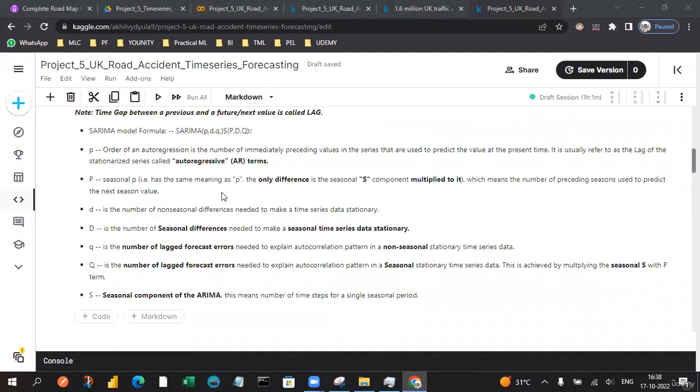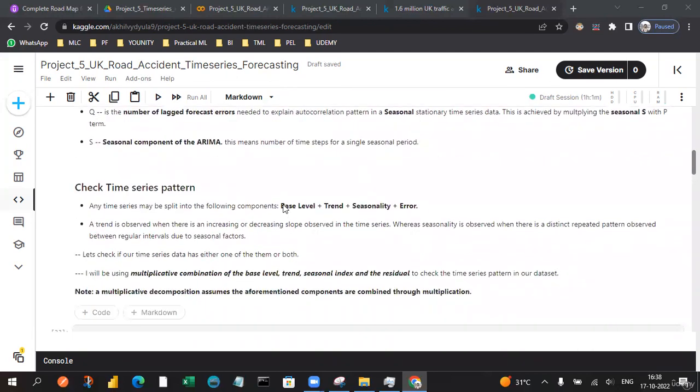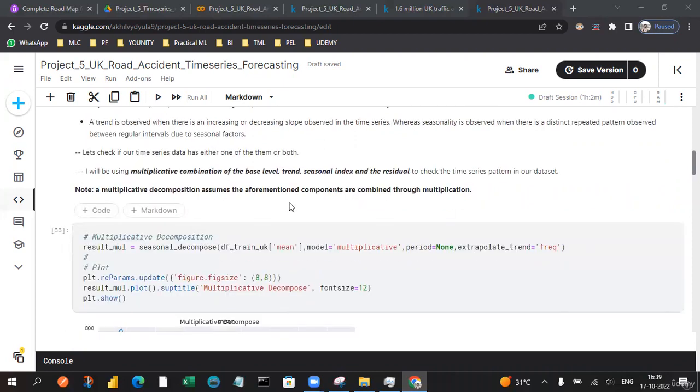We can take the p value and also the q value for the different lags, so that we eventually get the lagging forecasting errors, and get a good identity of the stationarity of the time series data, and also some of the patterns to check whether the time series data is split into the base level, the trend level, the seasonality level, or some kind of occurrences of error. So at the time we make some kind of changes, we need to understand the p value and also the q value.